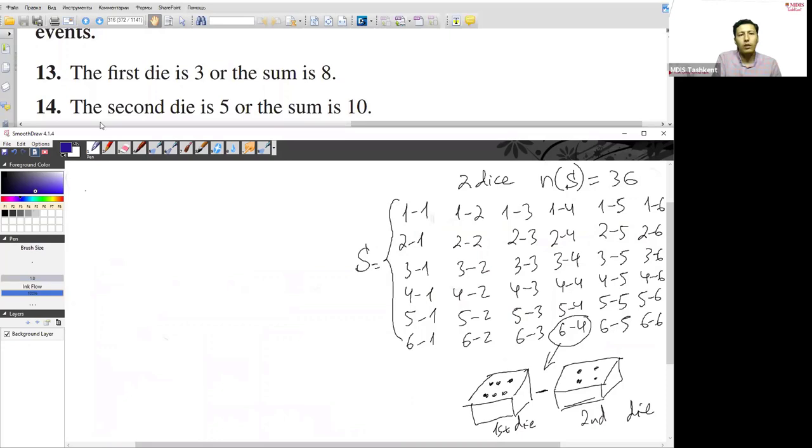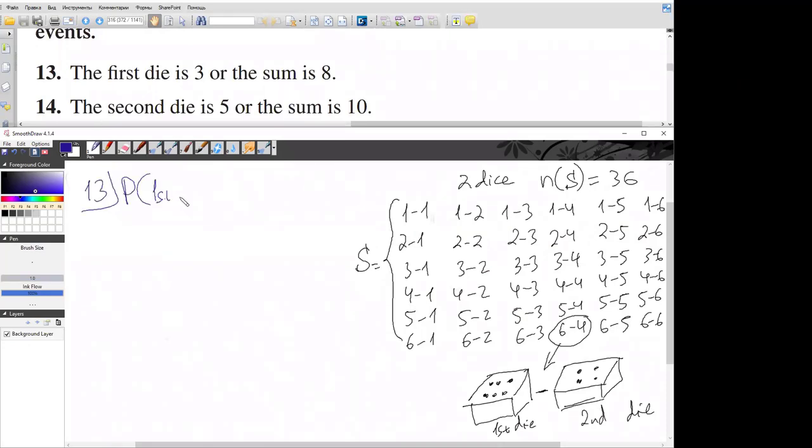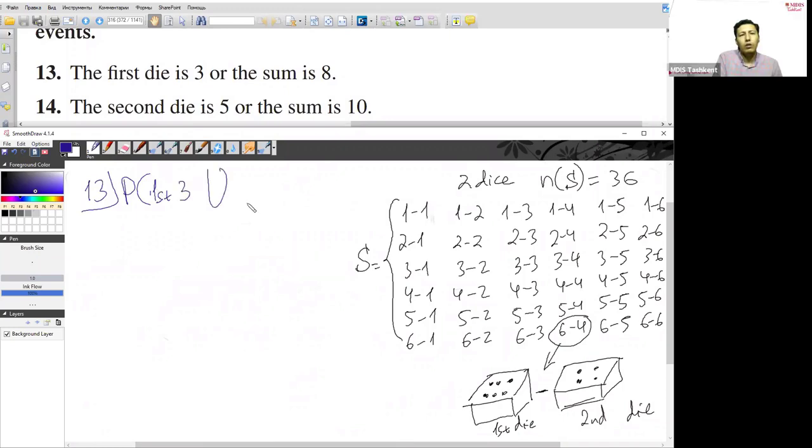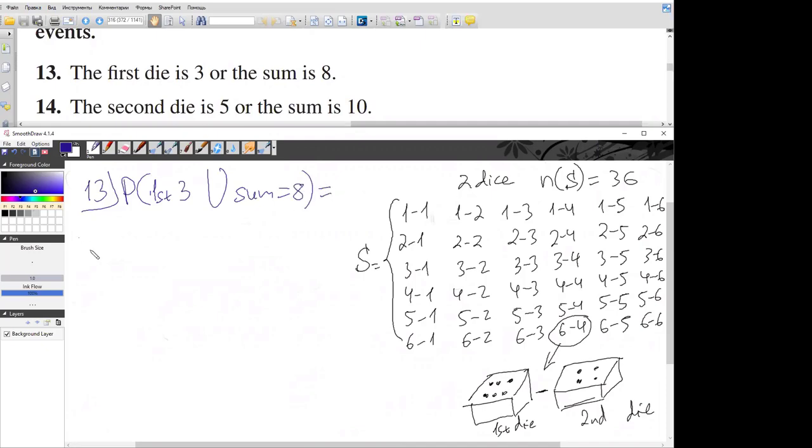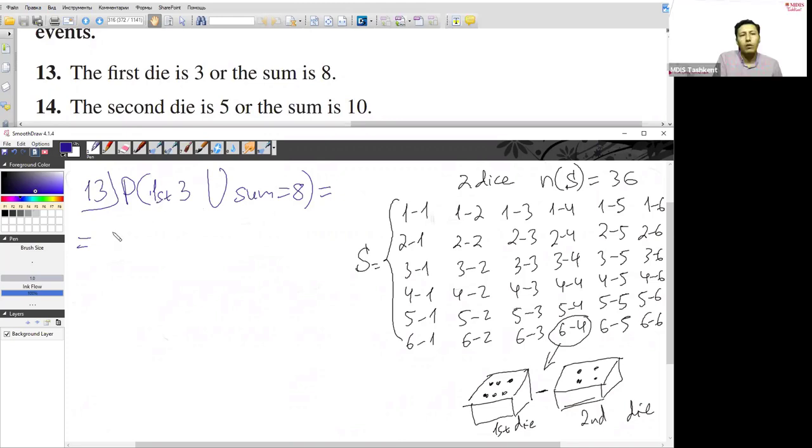Number 13. Probability that the first die is 3, or the sum is equal to 8. So this is what? Union rule, the second formula. Do you remember?